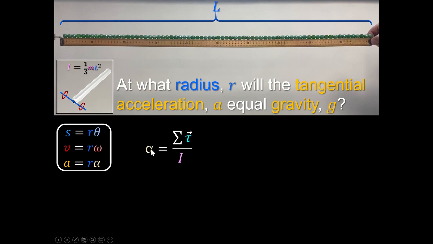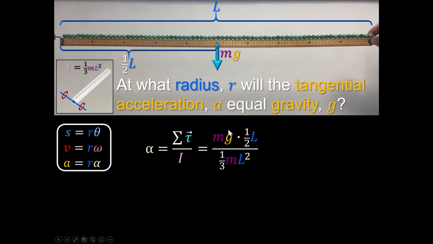angular acceleration. For that stick, we're going to say that the center of mass is right in its middle, pulling down, and that force is acting at a distance that is half the length of that stick. The center of gravity is right in its middle. Force times distance is going to be the torque that's put on it.